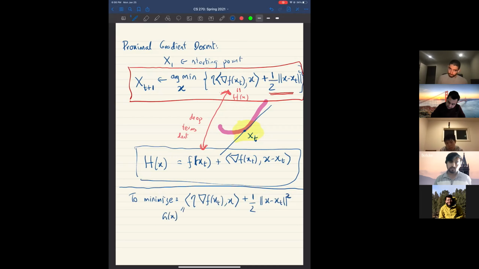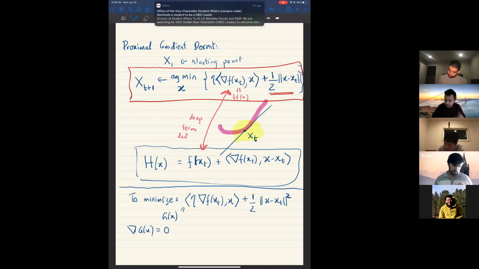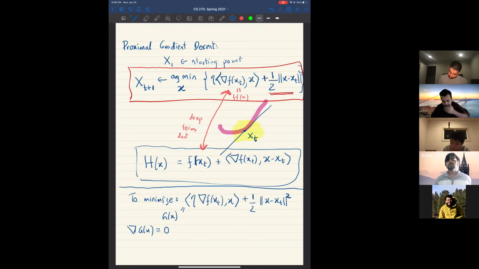let me call this g of x, just to avoid confusion. How do I minimize it? Well, I take the gradient of g of x and set it to 0. This is standard calculus. If you want to find the minimum of a quadratic or any function, you find a stationary point by setting the gradient to 0. So what is the gradient? Gradient with respect to x, of course. xt is fixed, x is our variable.